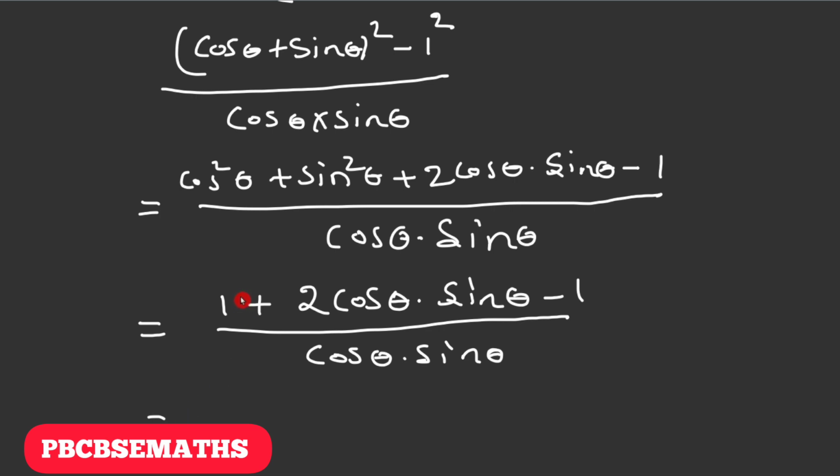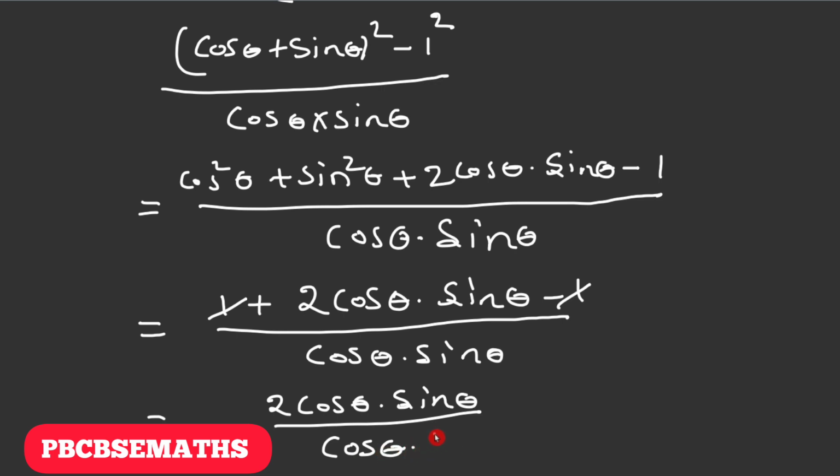Then we can cancel this 1 and this 1, that is 1 minus 1 gives us 0. Then we are left with 2 cos theta into sin theta divided by cos theta into sin theta.